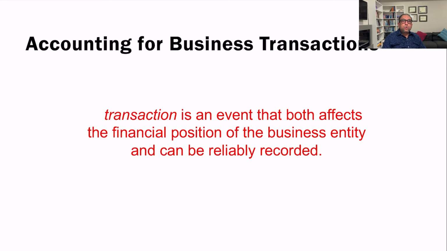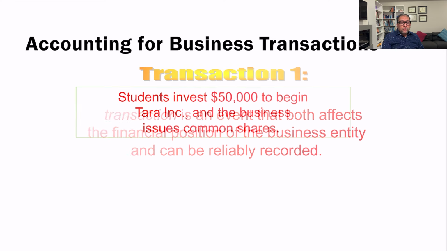If there is just a contract without involving a real change in the financial position of the business, that is not a transaction. So a transaction is an event that is going to affect the financial position of the business. So let's start.